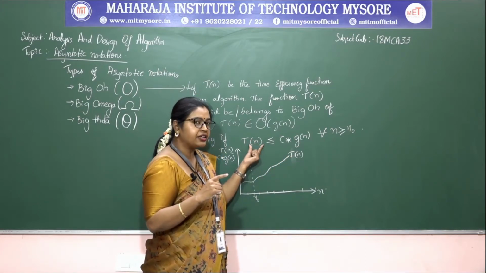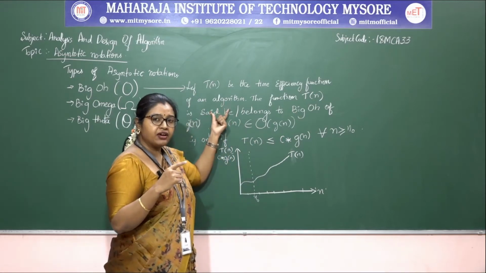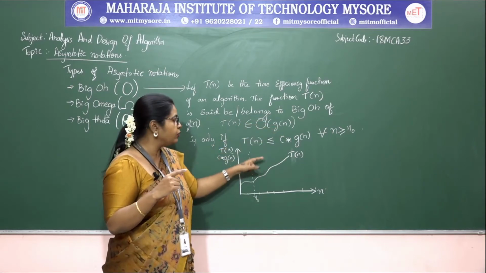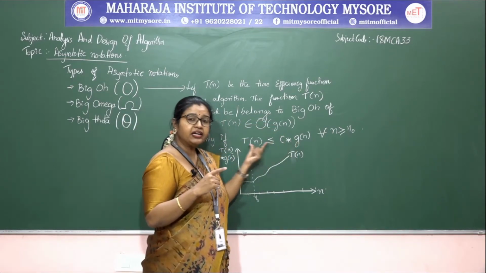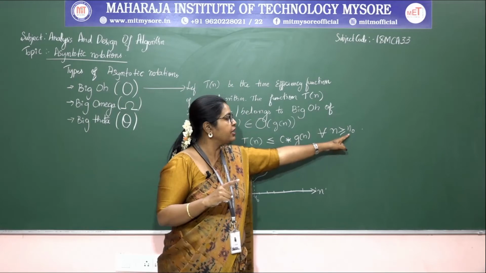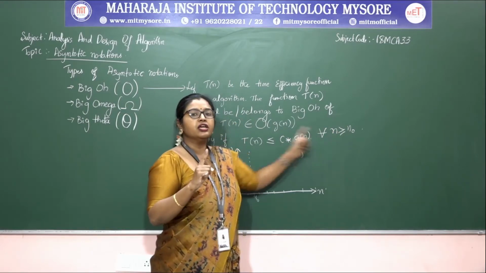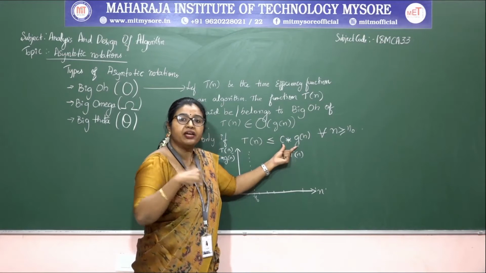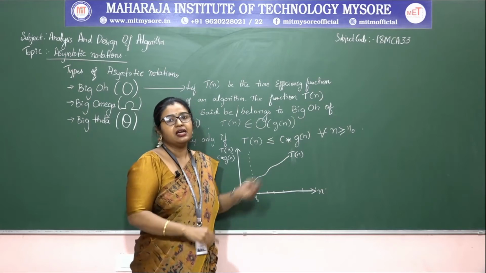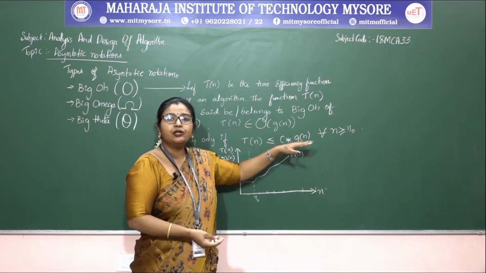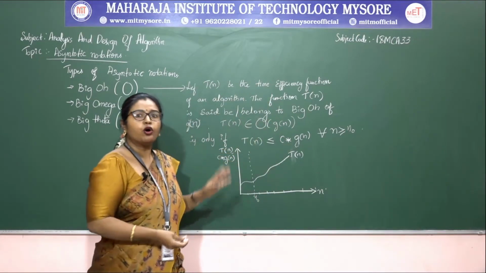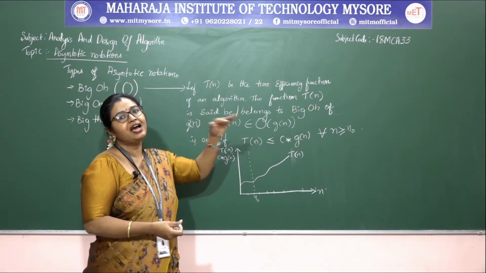Because according to this criteria, we can say T of n belongs to big O of g of n if and only if c into g of n is greater than your T of n at any point of input, that is after n naught. So for all the given inputs, your c into g of n should be greater than your T of n. Therefore, the algorithm efficiency will be under this c into g of n only. It won't go beyond that. Therefore, this represents the upper bound of the algorithm.